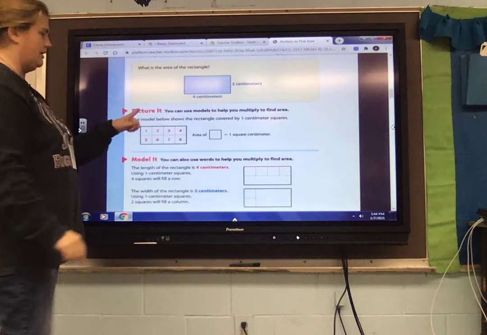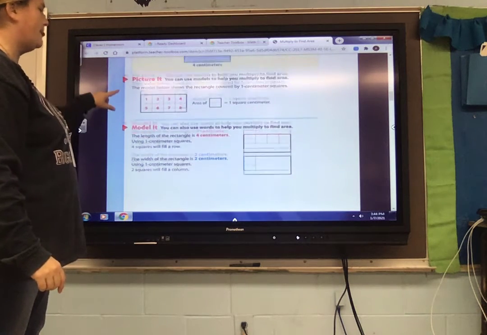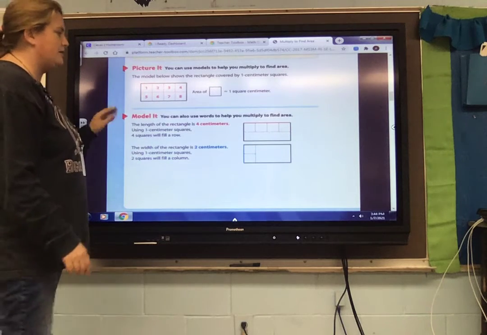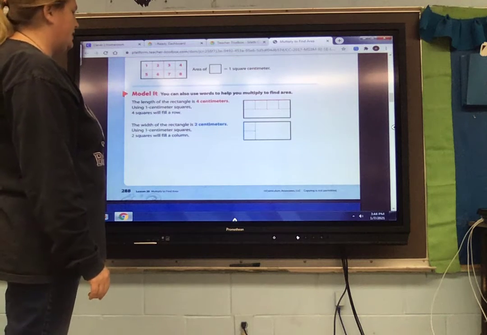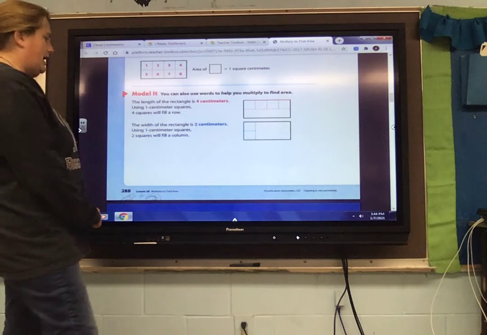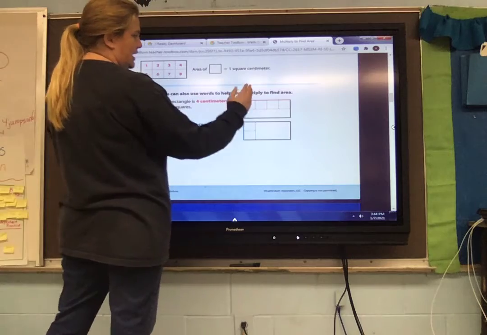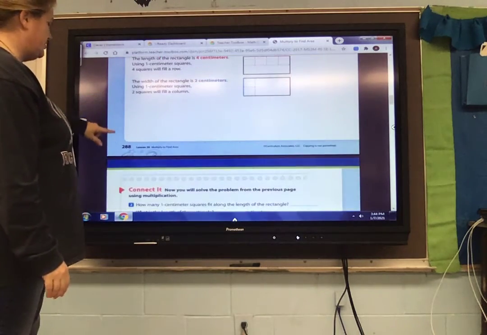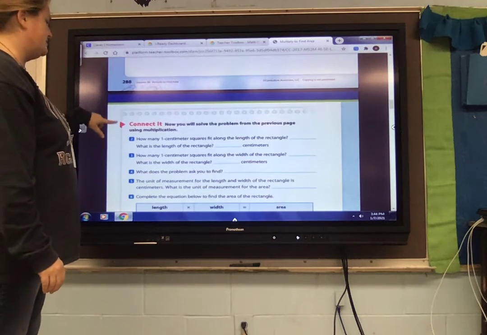So they came down here and made 2 rows and 4 columns. You can draw that picture and put your squares if that helps you. Here they have one started, and you can see that the length of the rectangle is 4 centimeters and the width was 2, so that's how they figured out they needed 2 rows and 4 columns. So there's really nothing for us to do on page 288 except review length times width.